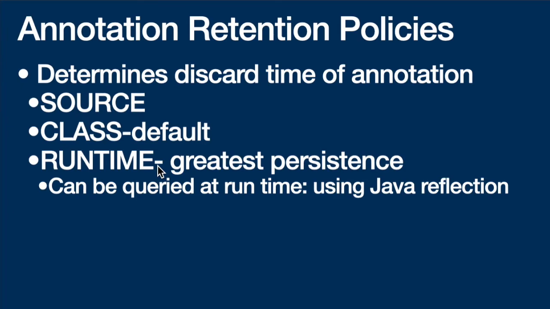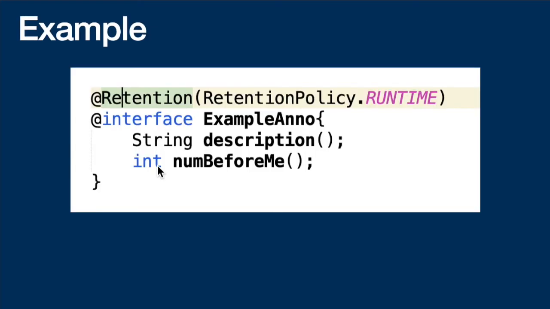So we specify the annotation policy by using the Retention annotation in the Java language library, with the RetentionPolicy enum, which has three values. In this case it's runtime, so we specified that one, and we can query this annotation during runtime.